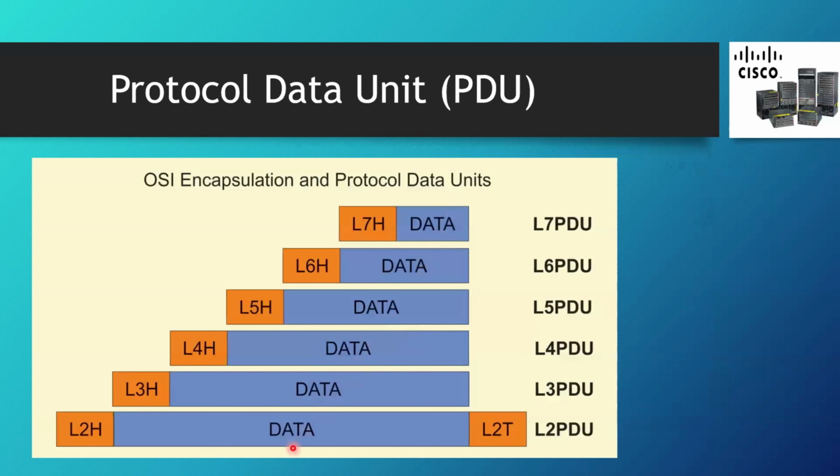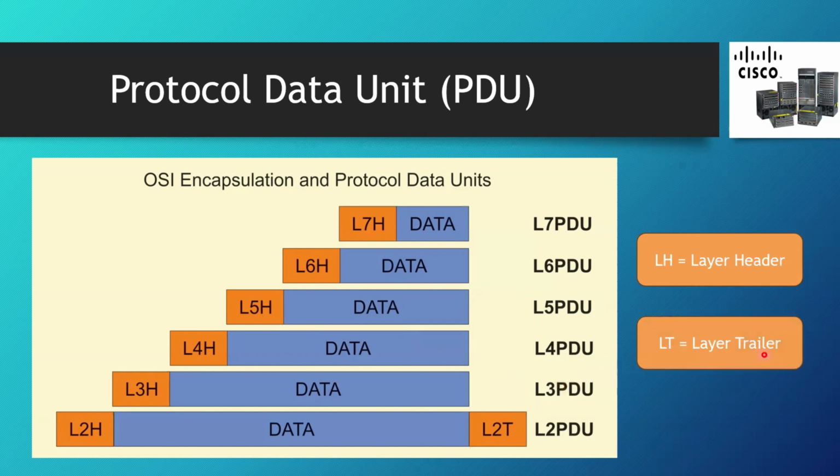Protocol data unit means, when you're sending our data, a layer header and layer trailer will be added around our data. LH means layer header, and LT means layer trailer.